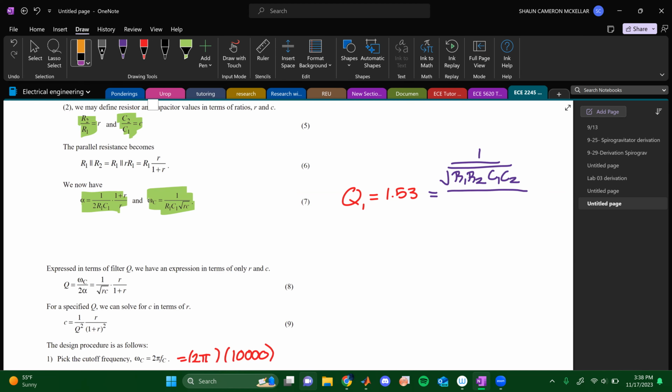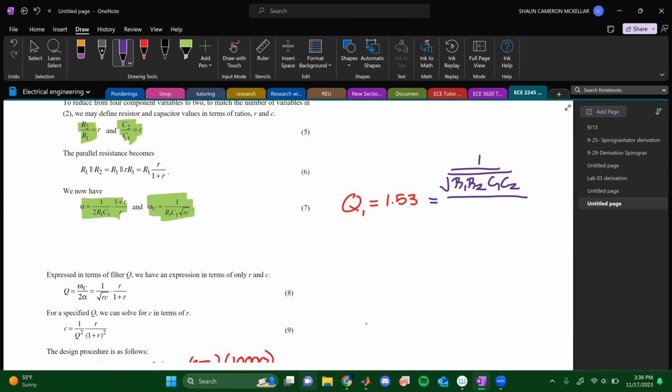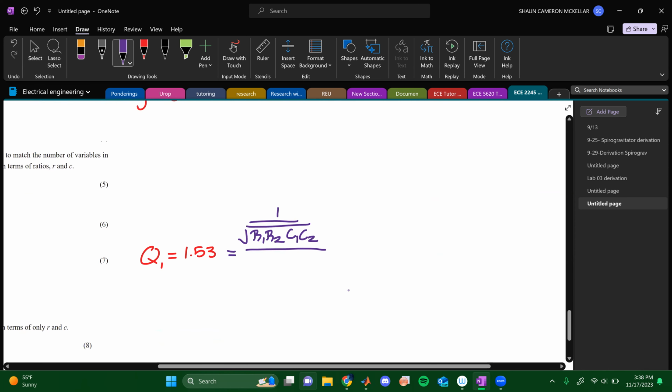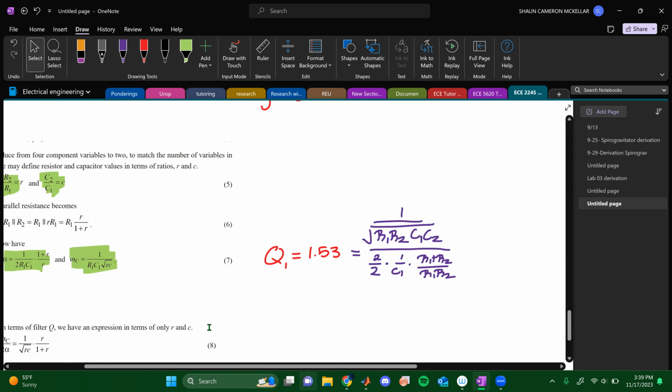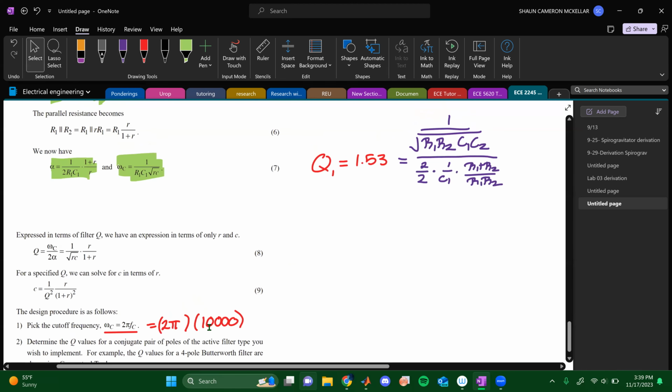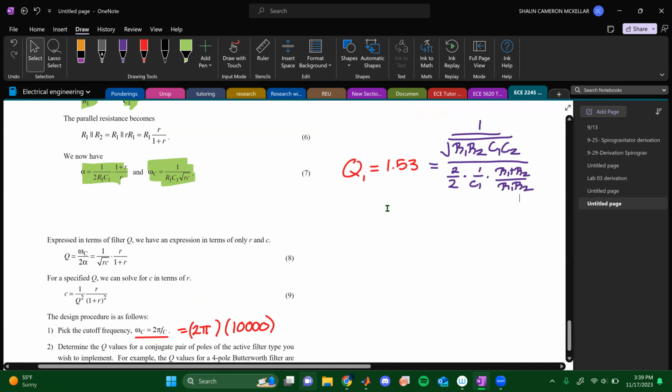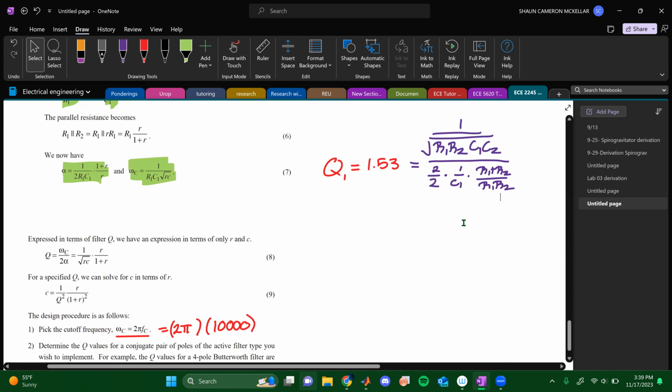Sorry, what was alpha? 1 over 2 C1. Oh yeah, because we have 2 alpha in the denominator, and alpha is 1 over 2 C1.